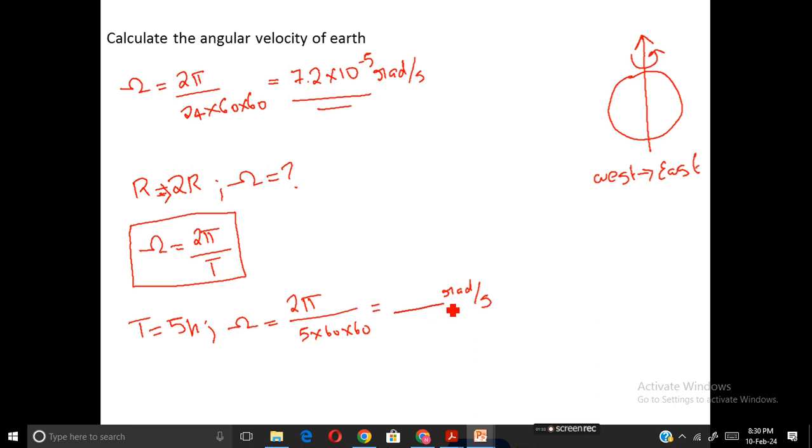Then it will come around some radians. You do the calculations. So basically what I meant to say was the angular velocity doesn't depend upon the radius of the planet or radius of the object that we are considering. It only depends on the time period that it takes to complete the rotation.